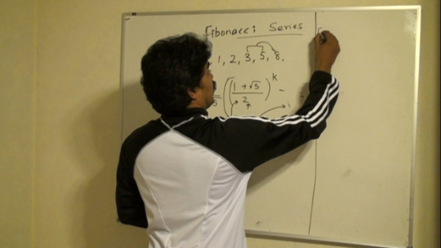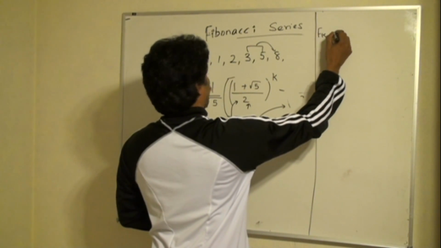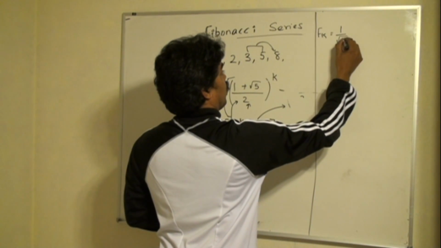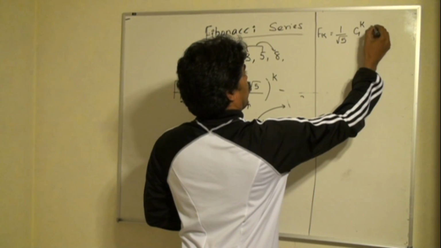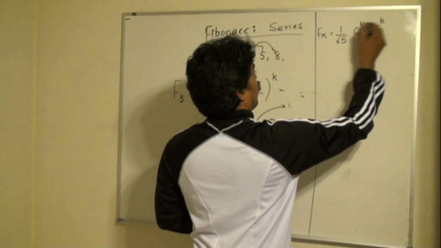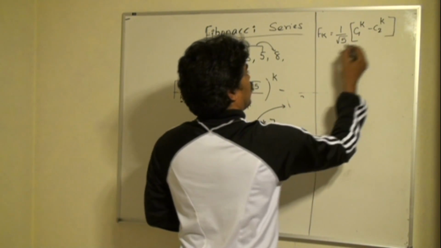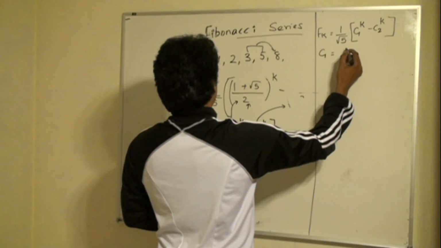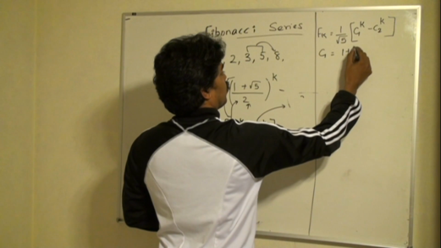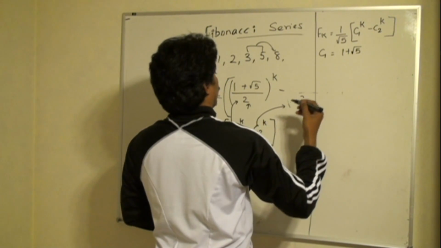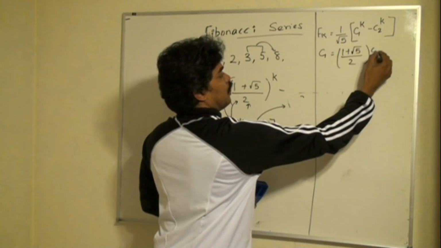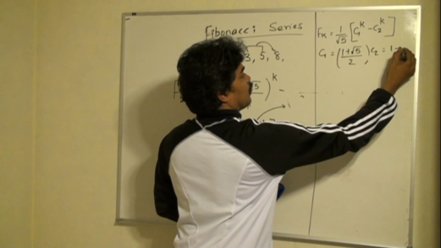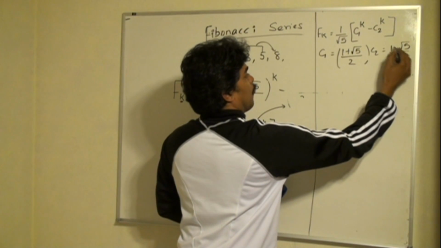Just to recollect, fk is equal to 1 over square root of phi times (C1 to the power k minus C2 to the power k), where C1 is (1 plus square root of phi) by 2, and C2 is equal to (1 minus square root of phi) by 2.